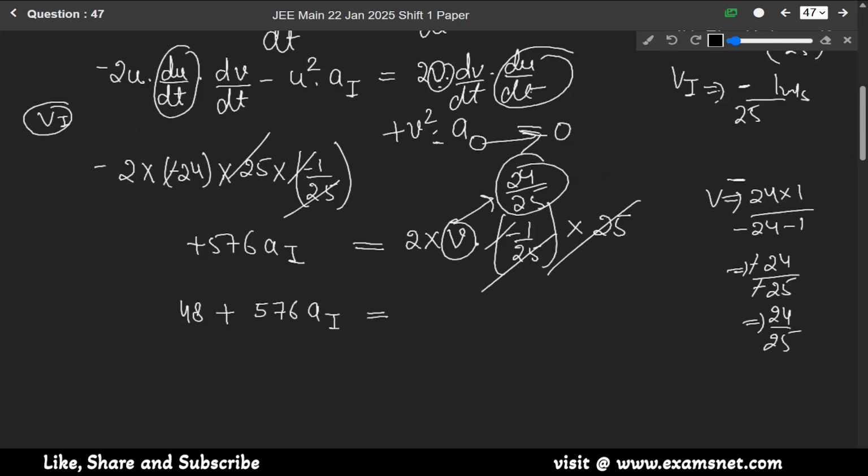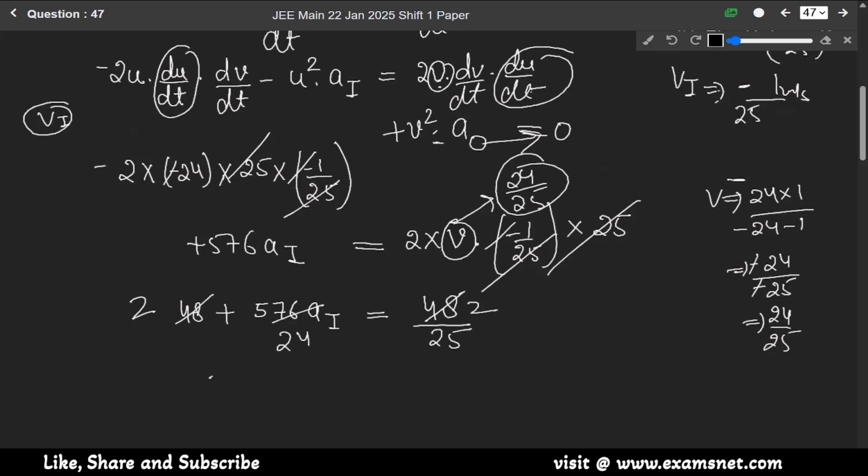It is equals to this v is 24 by 25. So it means 24 into 2, 48 over 25. So it will be 24 2s are 48, and 24 24s are 576.